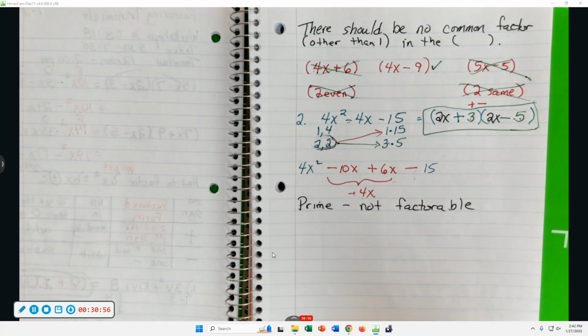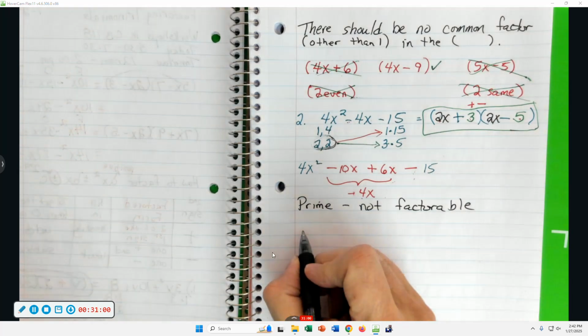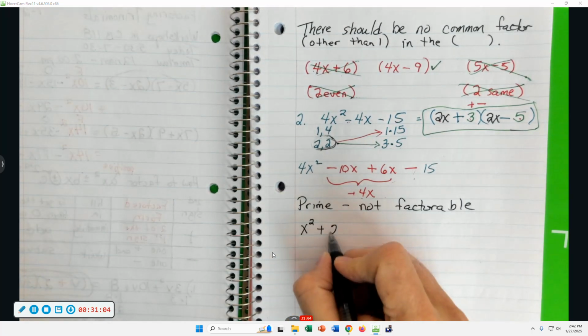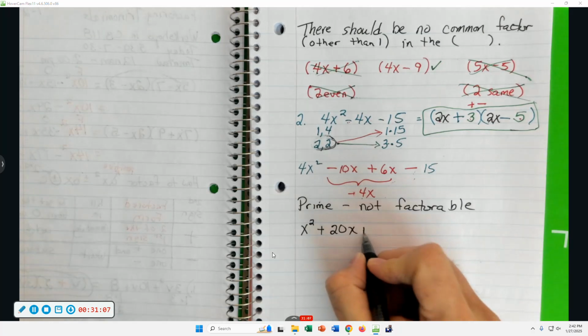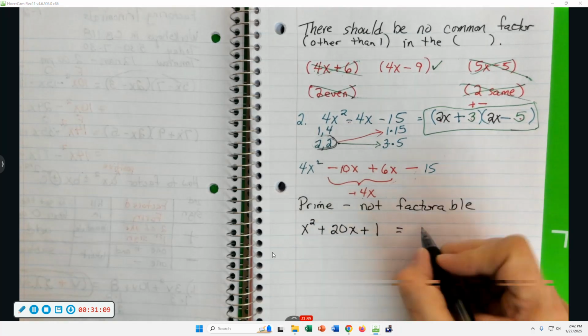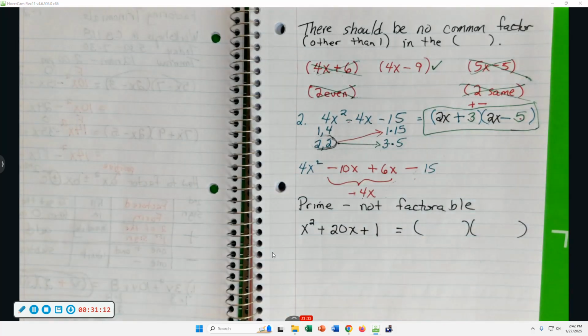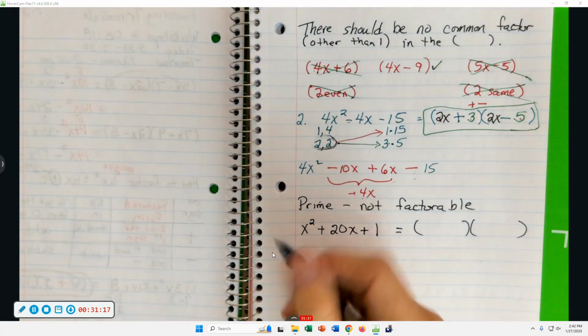Nothing else divides evenly into it, just 1 and 5. It's possible to have a trinomial that these little rules just don't work on. They don't factor. Let's look at this example here that I just made up.